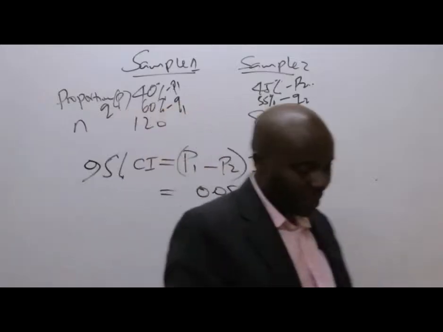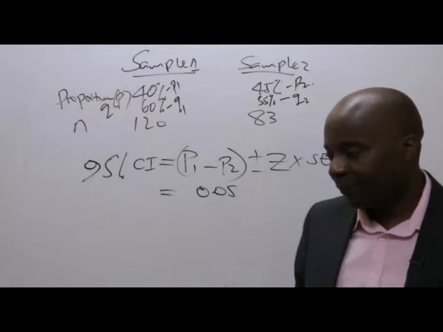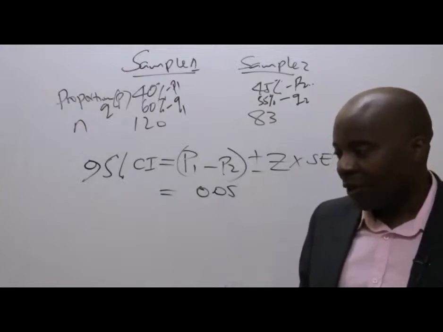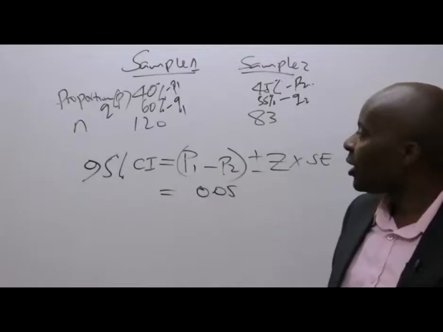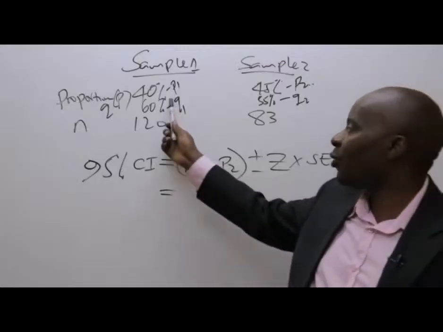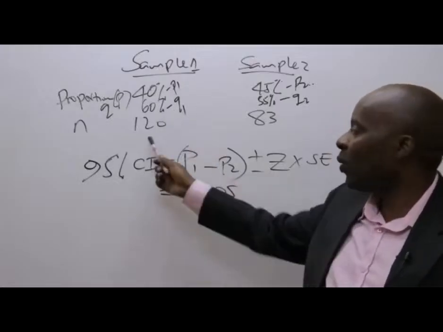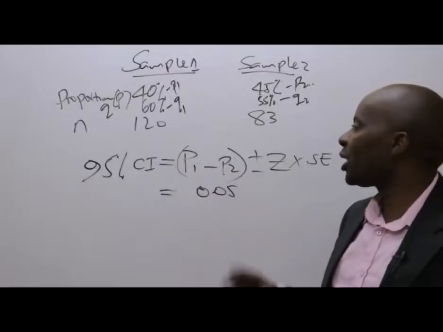Whenever you get negative, you disregard the negative. Someone is getting a standard error of 7.02. It can't be 7.02. Just go slowly: take 0.4 times 0.6, divide whatever you get by 120, and say plus.